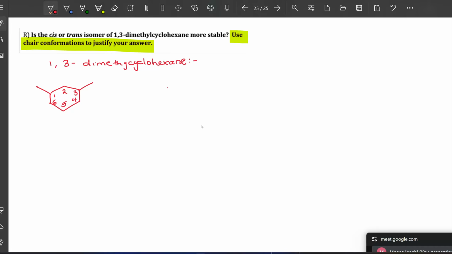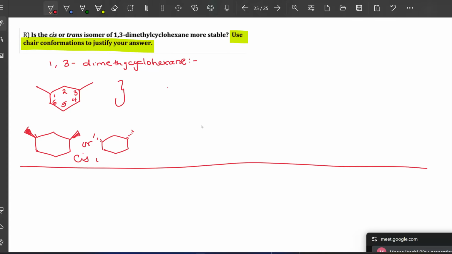Now, if it says cis or trans, the first one I can have for the cis is methyl group up, up, or you can go methyl group down, down, whichever one you use, the answer is the same.